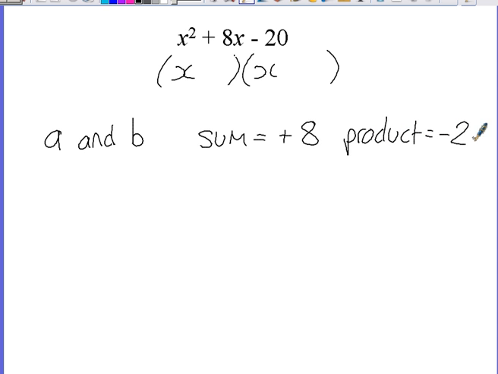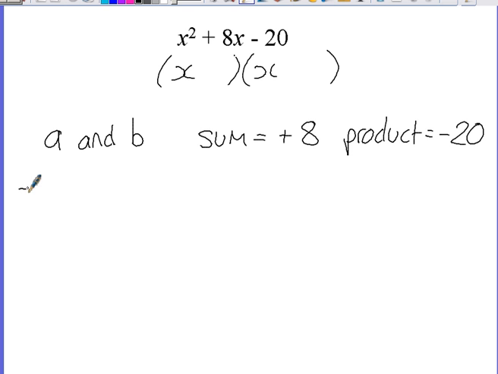Now, I'm going to work with the product to help me work out what these two numbers could be. So, firstly, I'm making a point of recognising that it's negative 20, not positive 20. So I know that I'm going to be looking for a negative and a positive value for the product to be a negative answer.